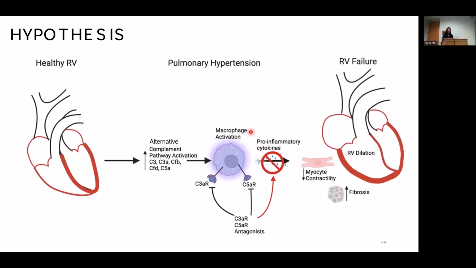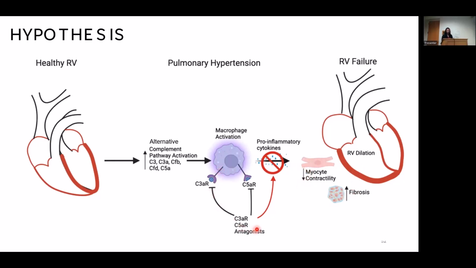So my hypothesis for my future studies is that alternative complement pathway activation, so proteins and RNA expression of C3, C3a, CFB, CFD, and C5a, are interacting with the C3a receptors and C5a receptors on macrophages, and that these then lead to activation of the macrophage and secretion of pro-inflammatory cytokines that over time can lead to RV failure, such as through artery dilation, fibrosis, or decreased myocyte contractility.